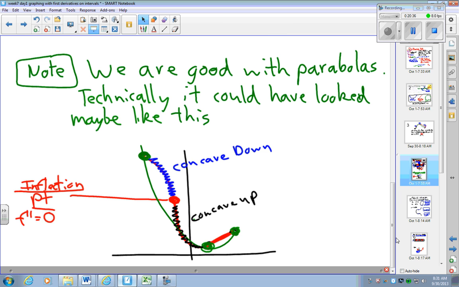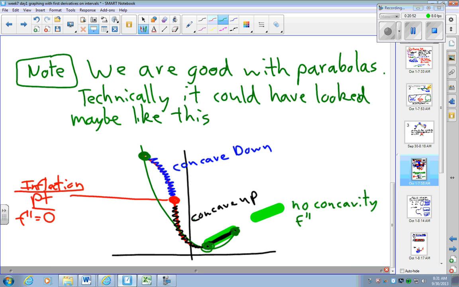And then I try to make this version right here, that part I try to make is no concavity. Okay, that would have been where f double prime equaled 0.